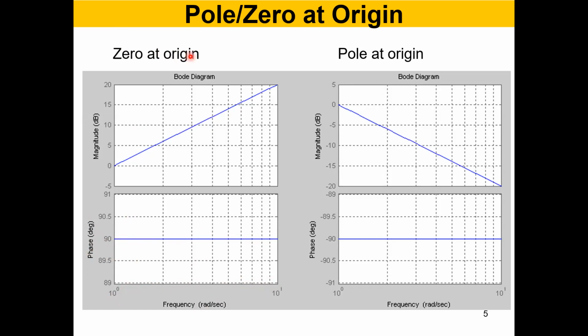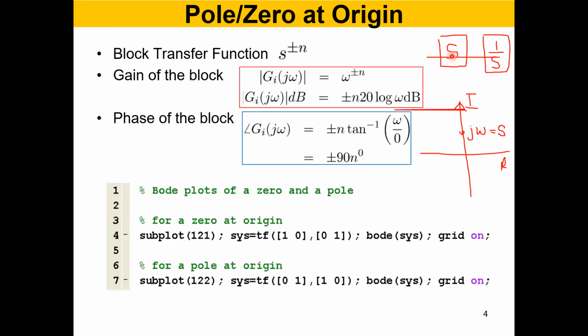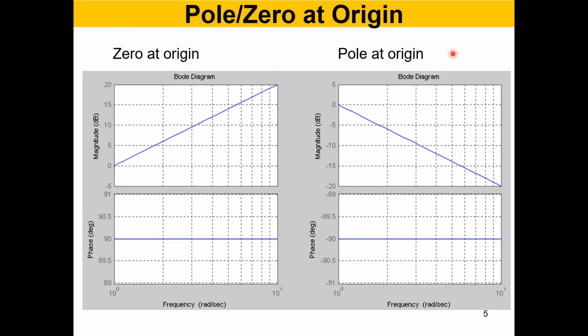If you have a 0 at the origin like this, whatever frequency you are sending through the block, every signal, whatever the frequency may be, will undergo a 90-degree phase addition. This is positive phase.